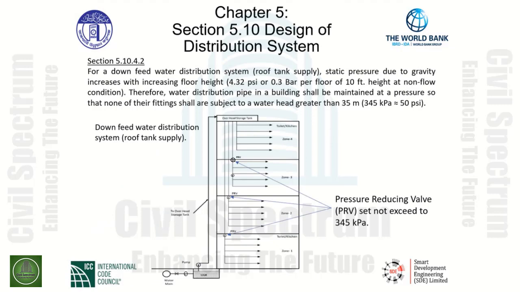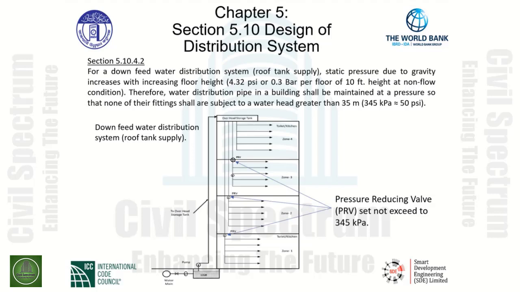In section 5.10.4.2, we are given a requirement for a downfeed water distribution system. This is where we have a roof tank supply of water. Static pressure due to gravity increases with increasing floor height.